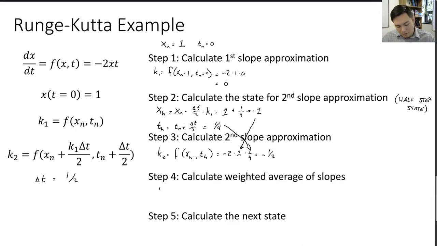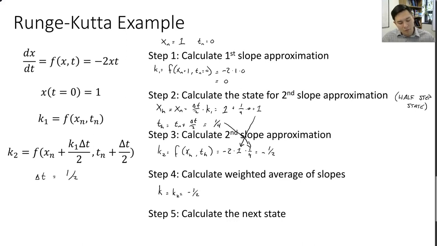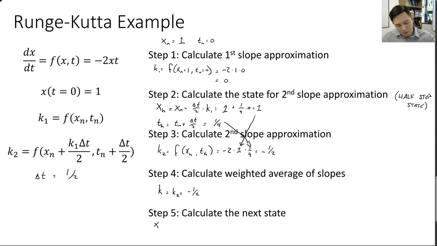Calculating the weighted slope average is very simple because we just say k is equal to k2, which would be equal to minus 1/2. Now we need to perform our full step, which would be xn plus 1 is equal to xn plus delta t times k, which in our case is going to be 1 for our initial state plus the full time step, 1/2, times our k value, which is minus 1/2. That would give us a value of 3/4.